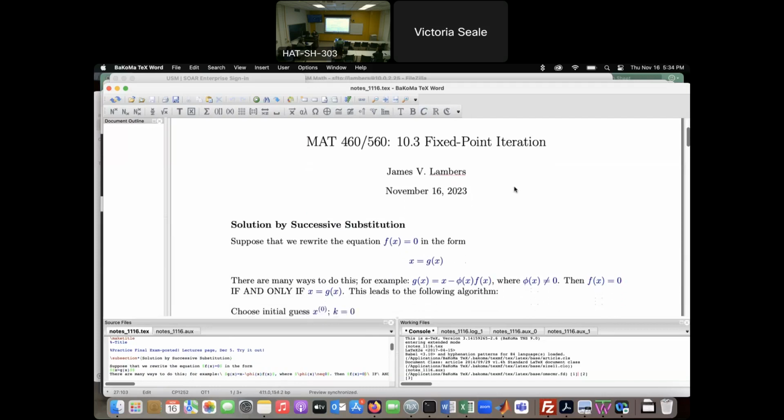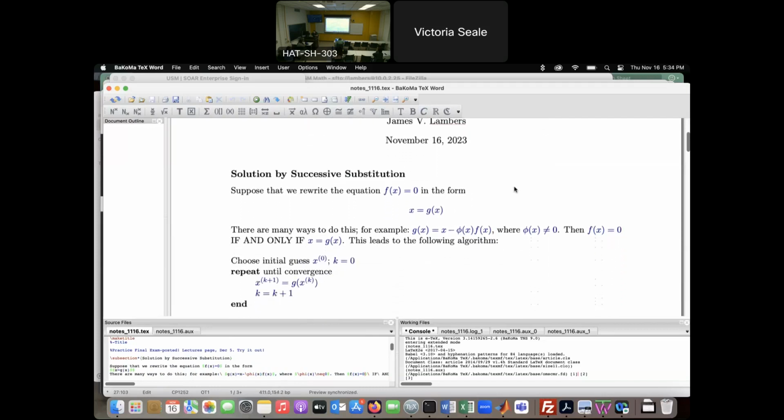Okay, so then we have this very short algorithm for solving x equals g of x. So we choose some initial guess, x 0, and then we'll have k, variable k, serve as our iteration count. And all we're going to do is we just keep taking xk, substitute it into our function g of x, and then the result we'll call xk plus 1, and then we'll just keep going. We'll just keep repeatedly substituting our new value into g to get our next value, and so on.